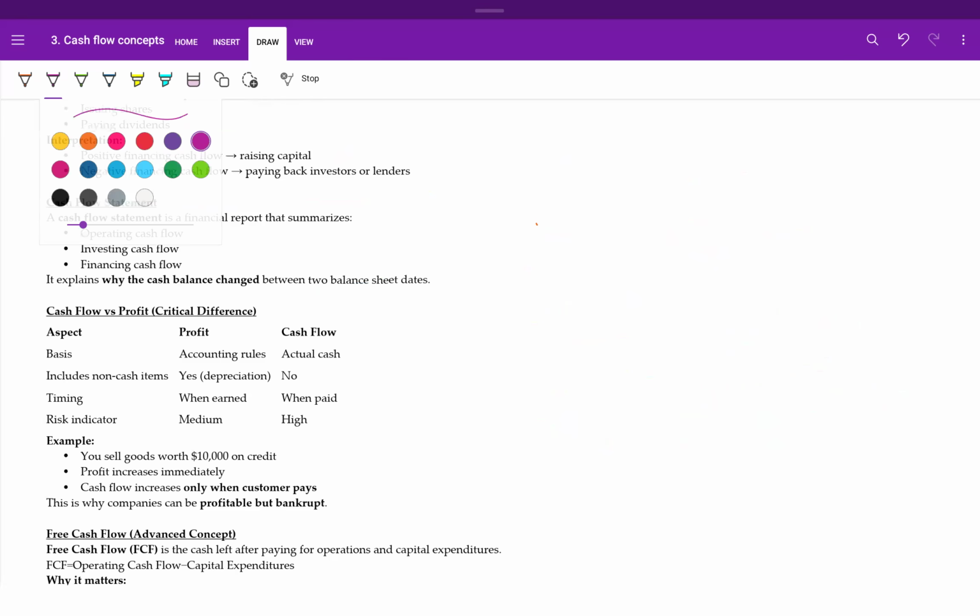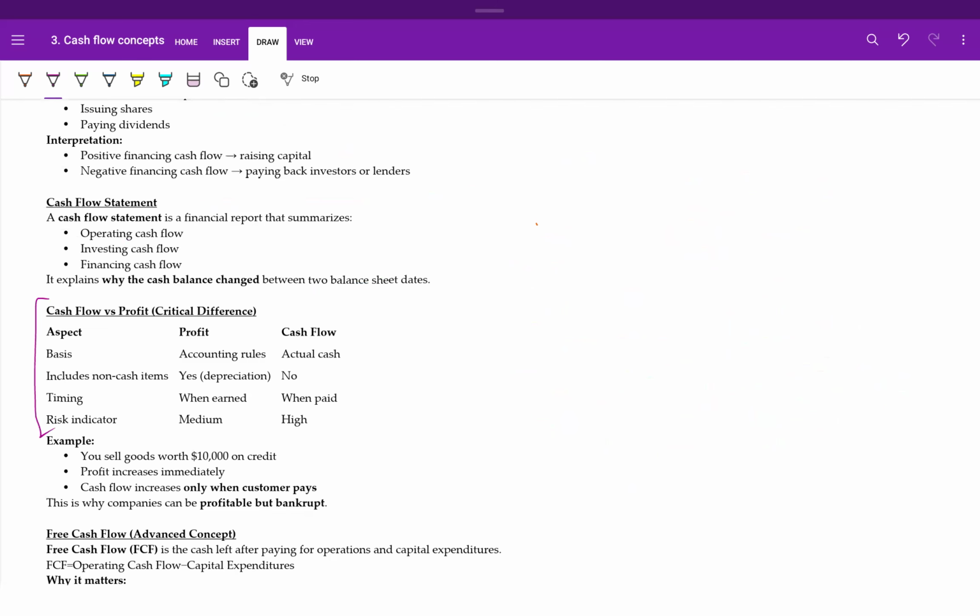There is this table which is important, and what this table represents is the basis. When we talk about basis, the income statement, the profit or loss statement, means profit is calculated using accounting principles.